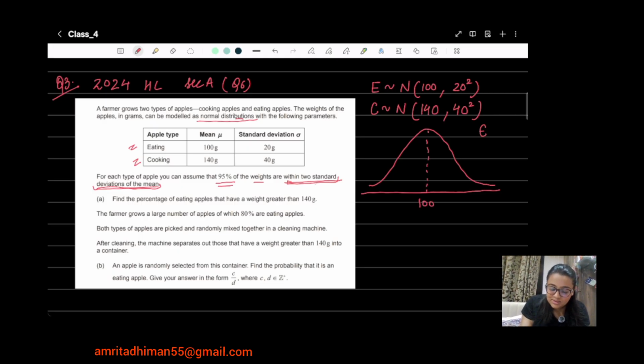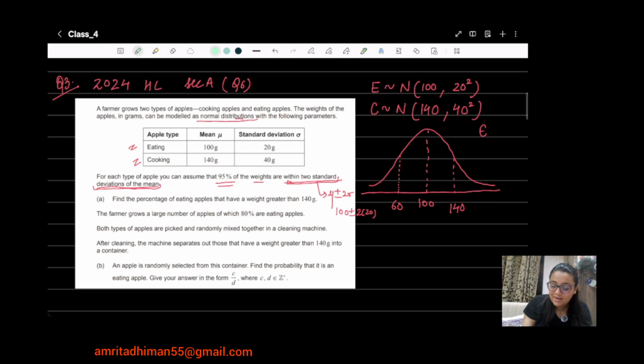They are talking about mu plus minus 2 sigma. Somehow we need to calculate this value, so it will be 100 plus minus 2 into 20. So here I will get 100 minus 40, that is 60, and here I will reach 140.